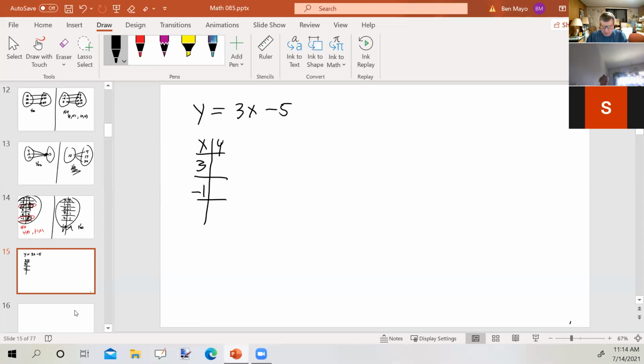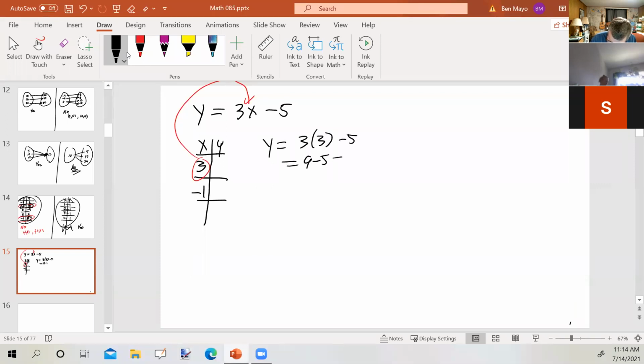So y equals 3x minus 5. When x is 3, how do we find y? We put 3 in the place of x, so we get y equals 3 times 3 minus 5, 9 minus 5, or 4. So when x is 3, y is 4, which would be an ordered pair, a point on a graph, if we were going to graph this.